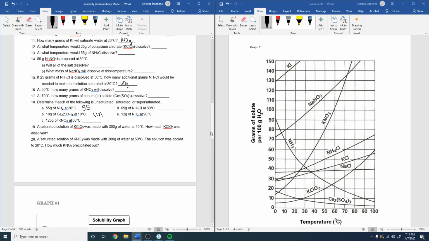Okie dokie, let's talk about this one. A saturated solution of KNO3 was made with 200 grams of water. The solution was cooled to 20. Okay. So, at 50 degrees Celsius, KNO3 has 200 grams.